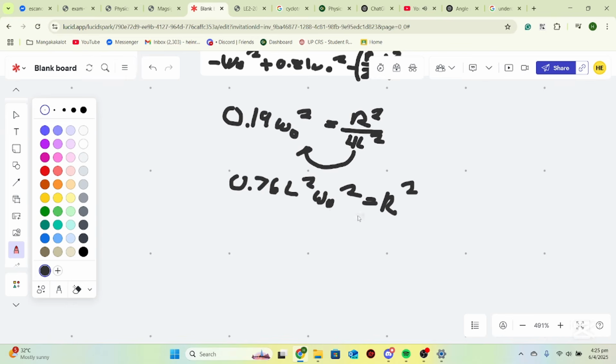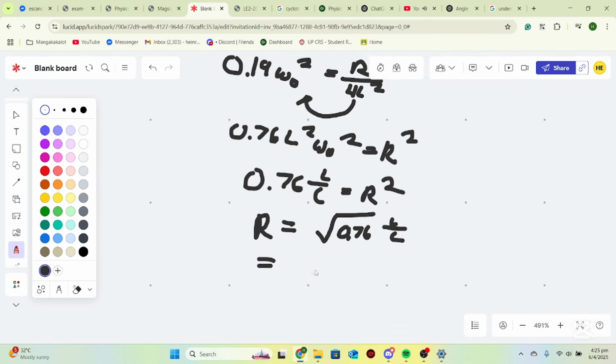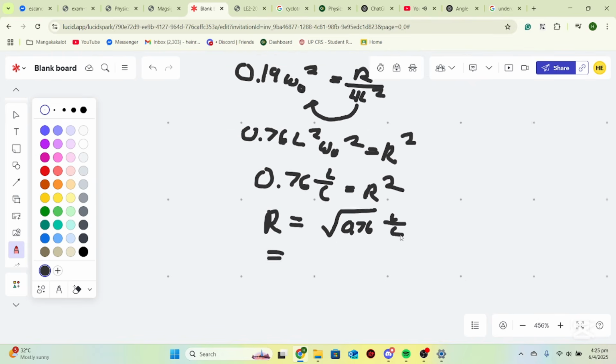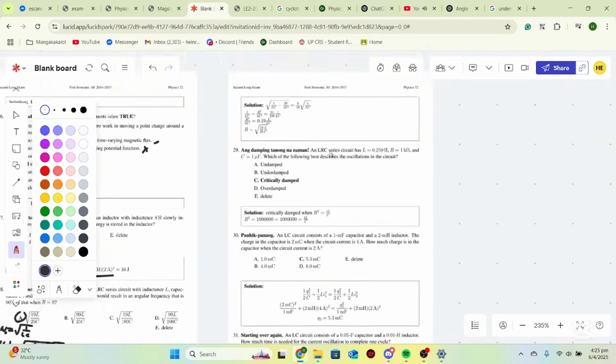And then W naught is equal to 1 over square root of LC. So I'll just combine everything already. It becomes 0.76 L over C equals R squared. So R is equal to square root of 0.76 L over C, equal to 19 over 25 L C squared.